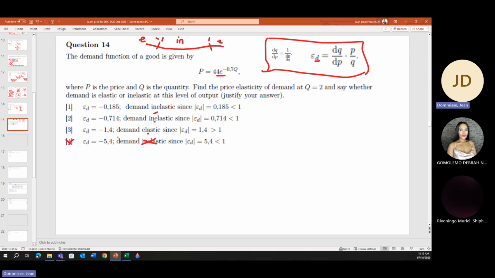Okay, so let's look at what we need to do. We need to get the differentiation, then we need to multiply by some change. So let's first write that down and differentiate. The differentiation of that: the 0.7 goes to the front, or minus 0.7.